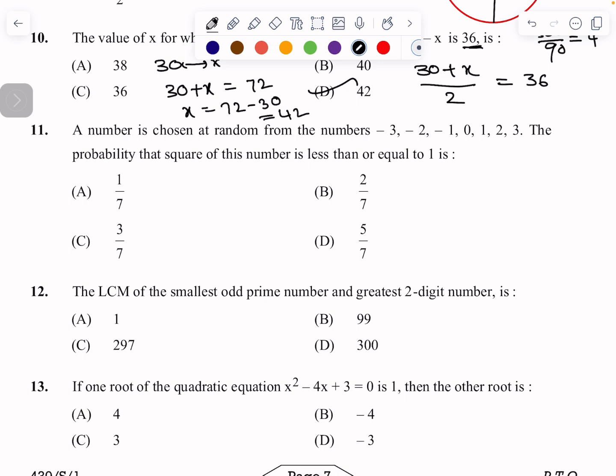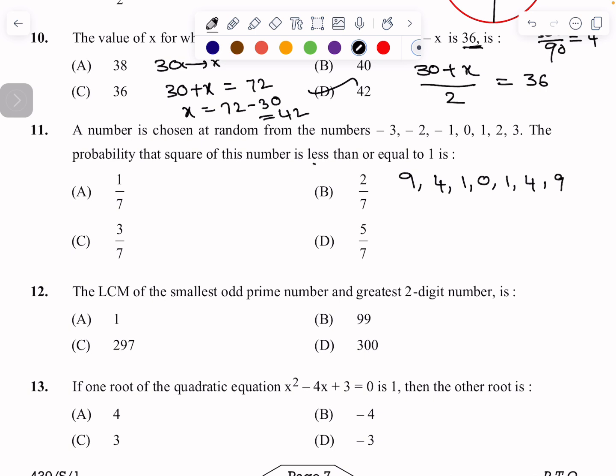Now you see, when you square these numbers, -3 square is 9, -2 square is 4, -1 square is 1, 0 square is 0, 1 square is 1, 2 square is 4, and 3 square is 9.